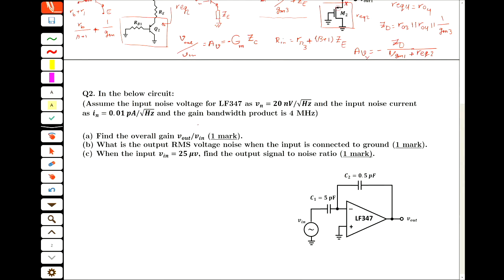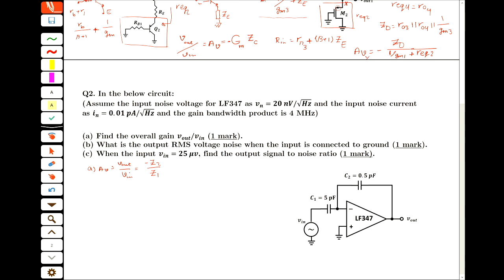Okay, the second question. Part A is easy. AV equals V out divided by V in, and equals minus Z2 divided by Z1.